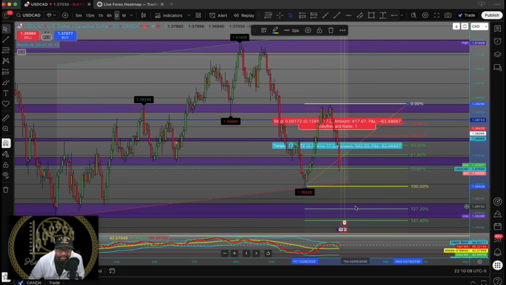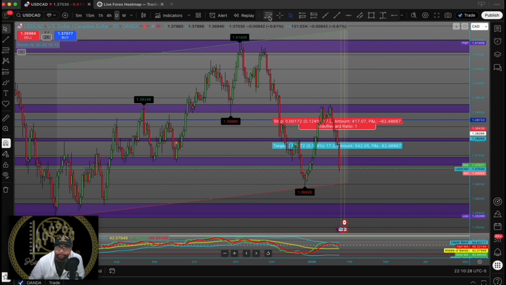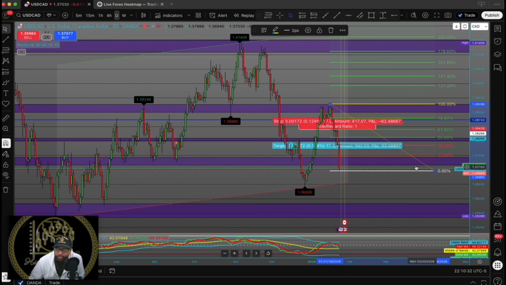And the other possibility is that the market reverses right here, and if it does reverse at that point at 78%, this is most likely what we're going to be looking for. It will go all the way up here to 78 as well.